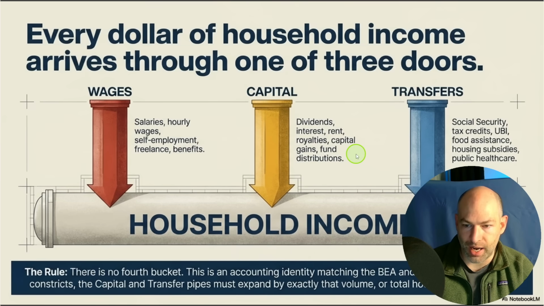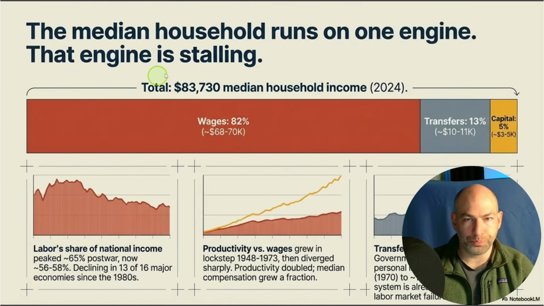That's the whole kit and caboodle of post-labor economics: if wages go away, you have to replace it with capital and transfers. And that is what universal high income is going to be comprised of. And I know it probably felt like a little bit of a detour, but here we are. So capital and transfers must replace wage-based income. That's the whole picture. So let's get into it.